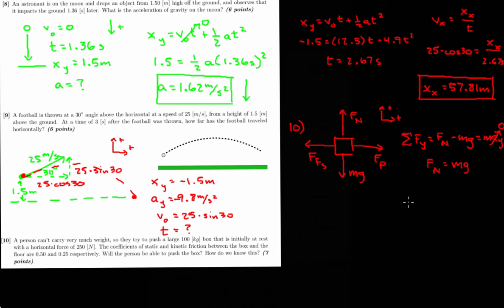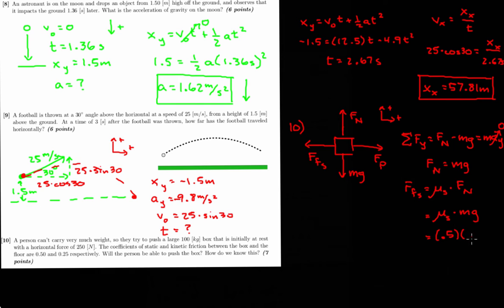And because the force of static friction is equal to the coefficient of static friction times the normal force, and the normal force is equal to the weight force, that means this is like that. And the coefficient of static friction is 0.5, so I get a 0.5 here.